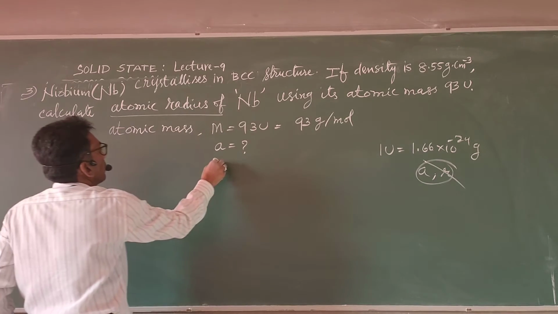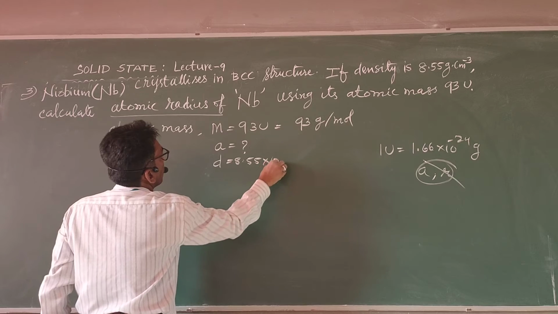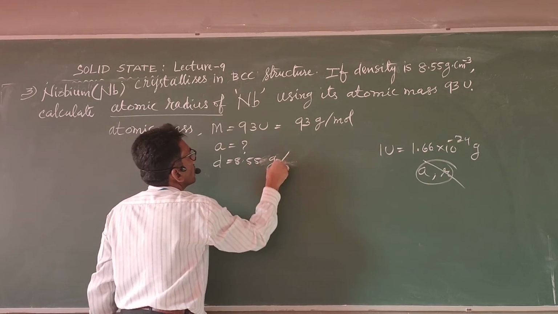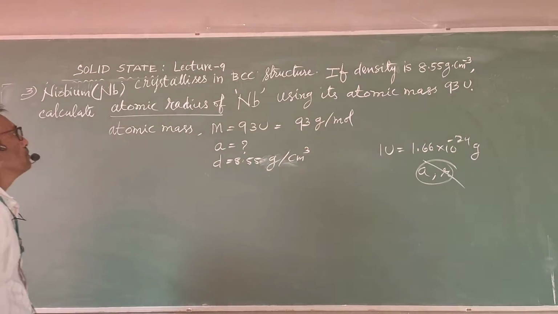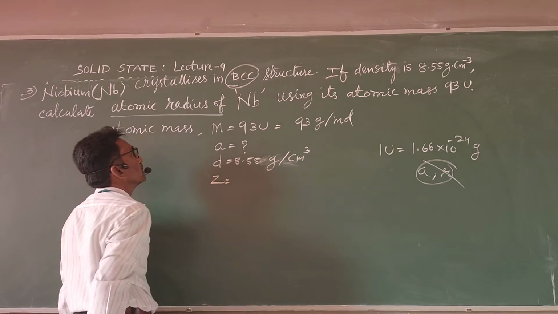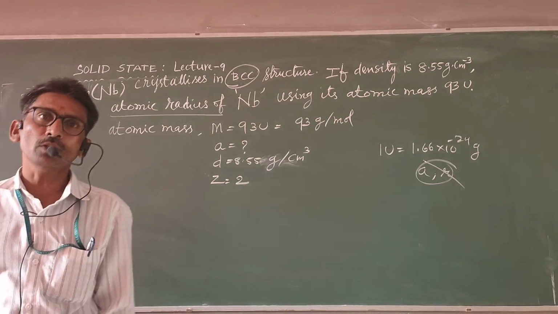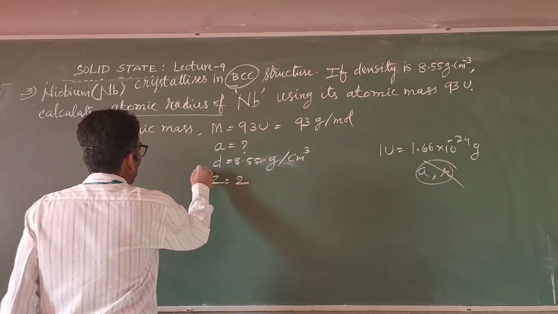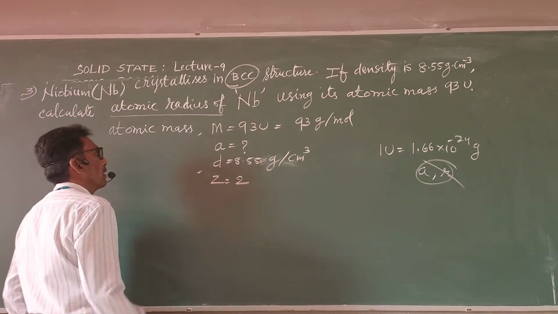Then density is given, dear students, 8.55 gram per cubic centimeter, and BCC indicates total number of particles per unit cell is 2. 8 corners into 1 by 8, after contribution or sharing 1, plus 1 body center, 2. This is your memory. Previously also discussed at the time of packing efficiency.